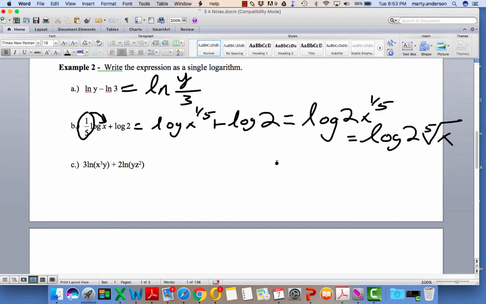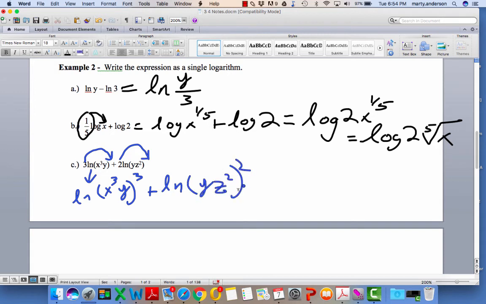The last one, got quite a bit going on here. First thing I'm going to do is apply the ln of x cubed y all to the third. I can swing this back up, and swing this back up, plus ln of yz squared, squared.